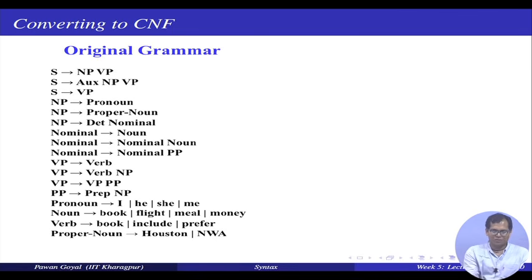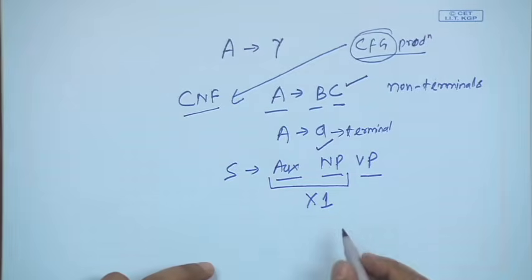Okay, so for this kind of rule, S goes to auxiliary NP VP, where a single non-terminal derives 3 non-terminals, what do I do? I coin some new non-terminal. So I will say that auxiliary and noun phrase together make a new non-terminal, say X1. Okay, so what will be my grammar?